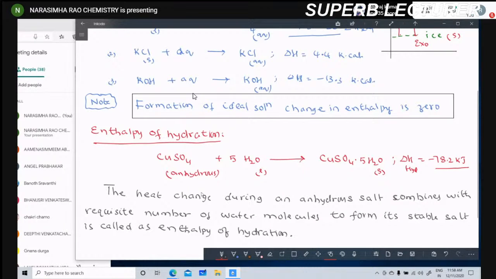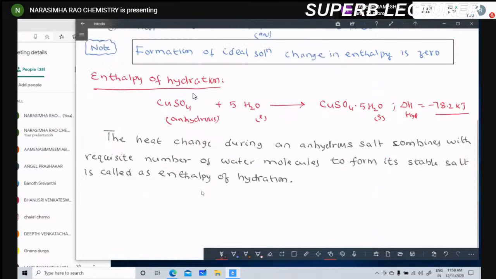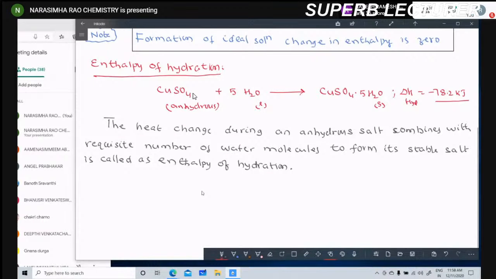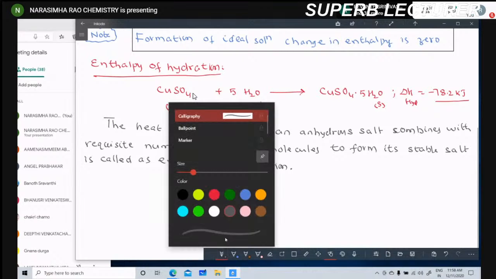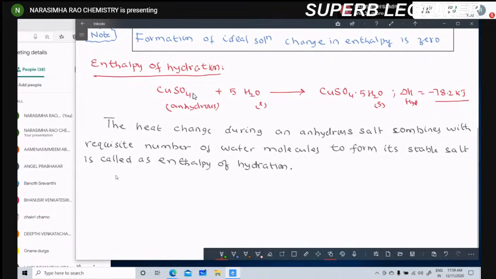Right. Next, another enthalpy, let me discuss, children: the enthalpy of precipitation. Simple, all enthalpies are related to 1 mole. All definitions are very similar, children.